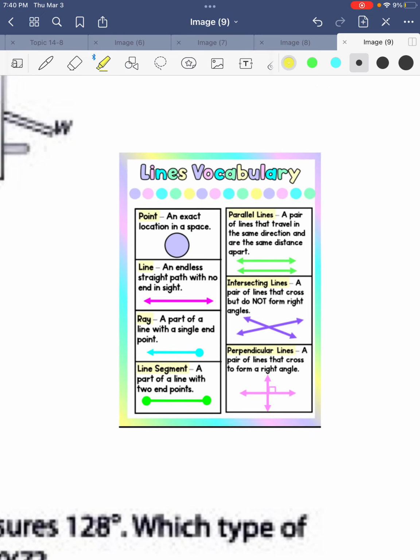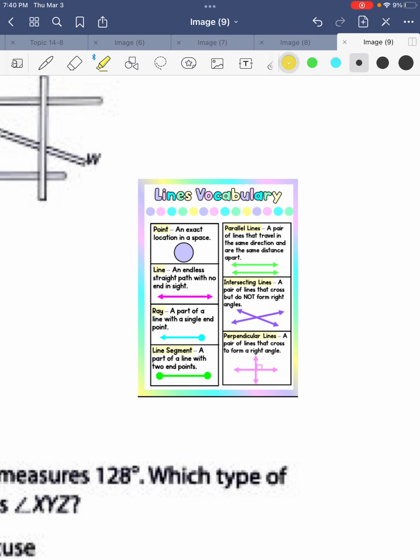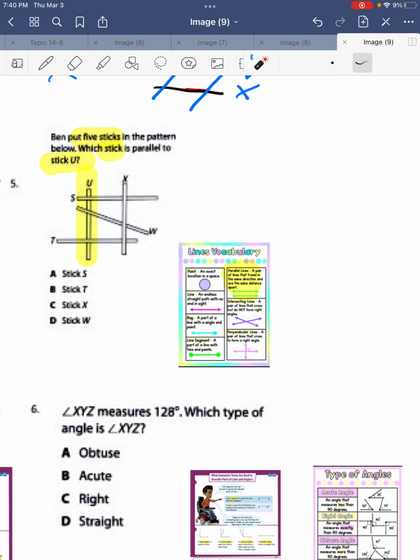So, I have my anchor chart here. Parallel lines look like this. A pair of lines that travel in the same direction and are the same distance. So this is parallel lines. It could be that way or it could be going this way. Okay? So let me see which ones look like that. Which ones look like this or like this.